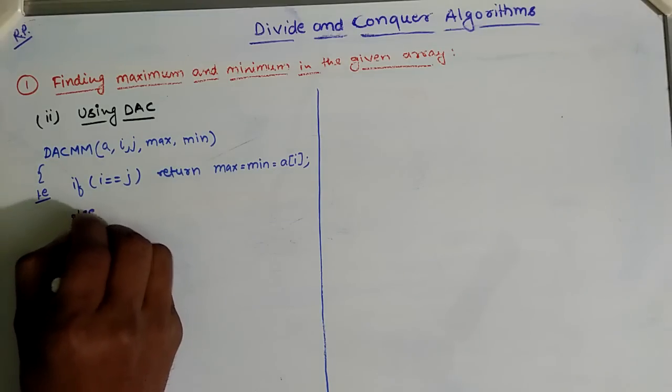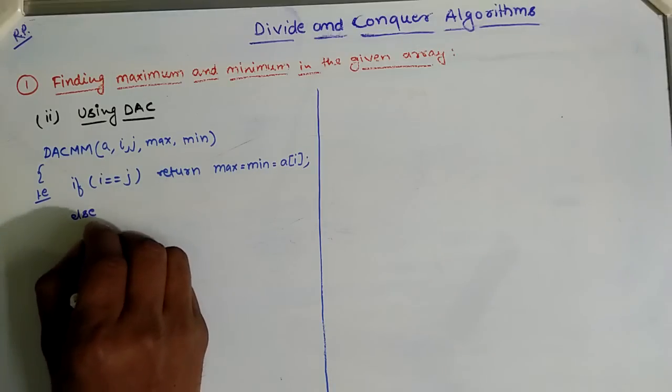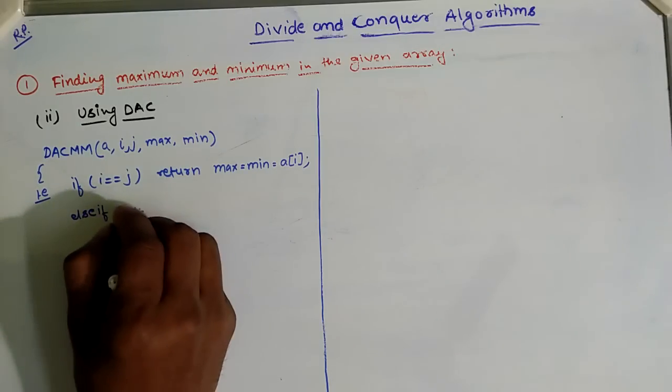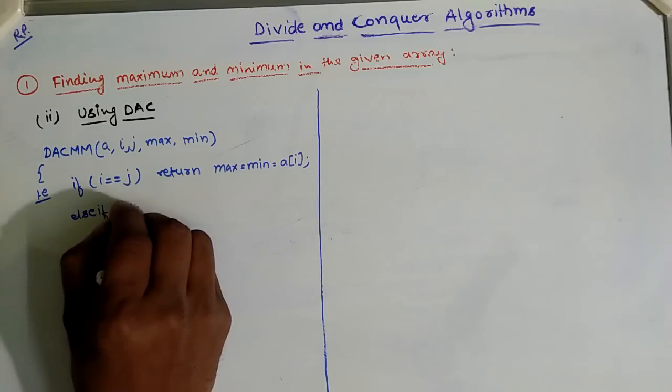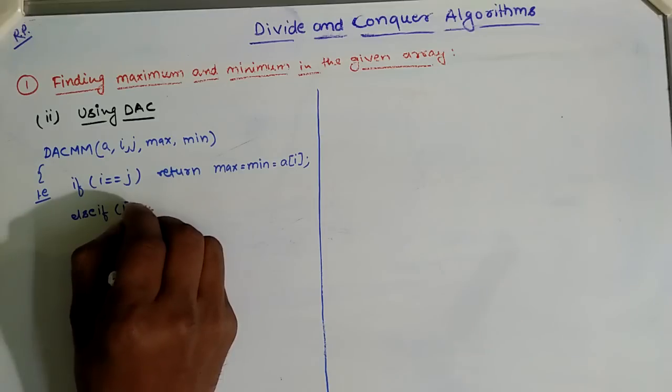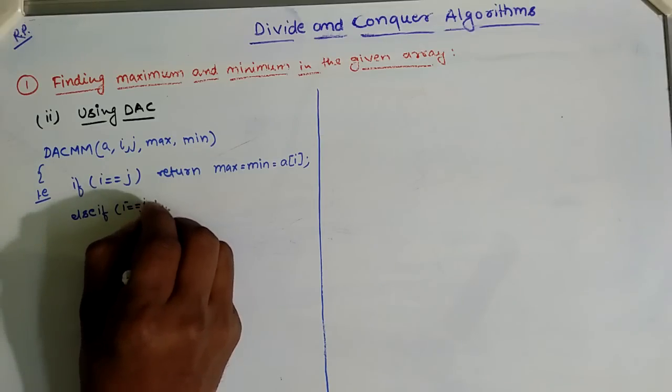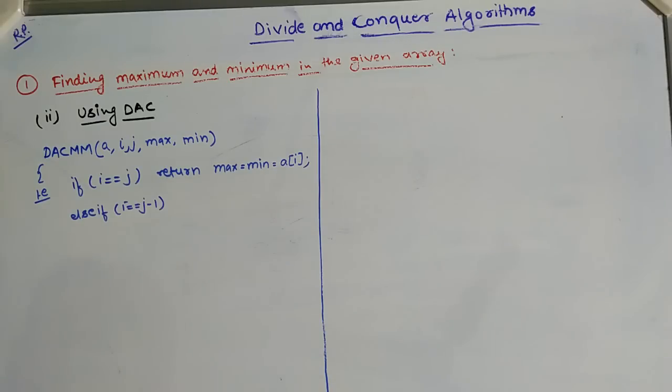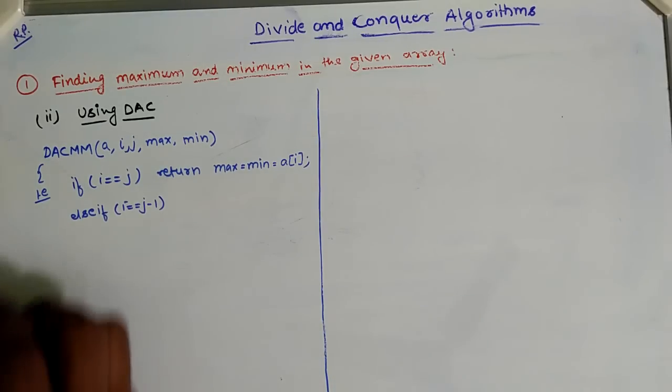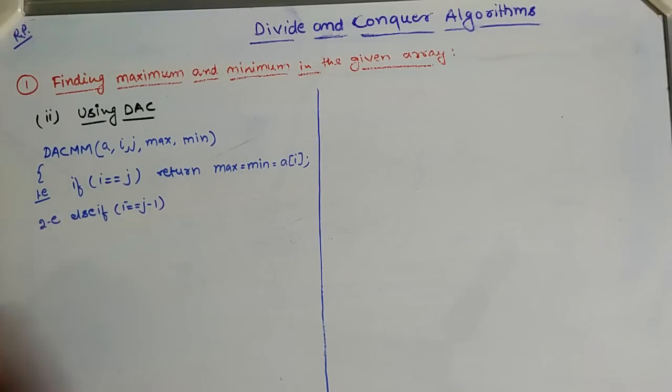Else if I is equal to j minus 1. So when I is equal to j minus 1, it means the problem of size 2 elements is there, I and j minus 1.